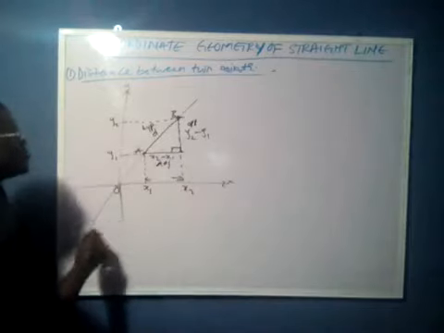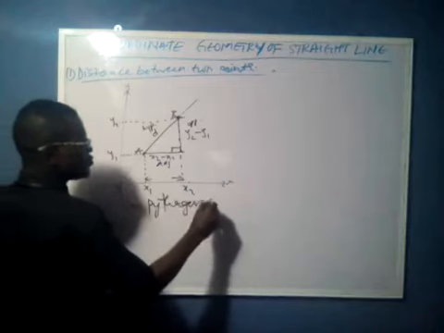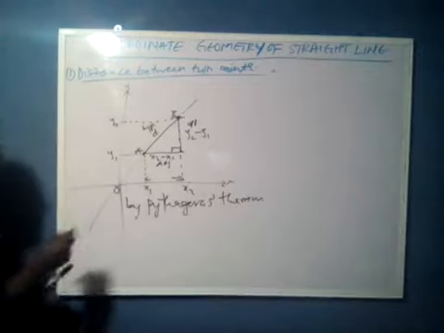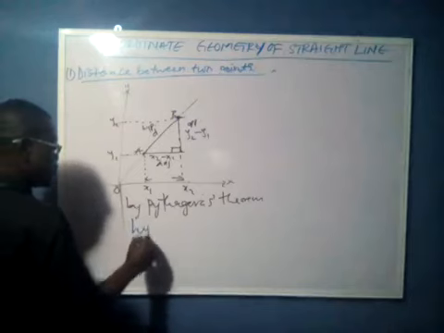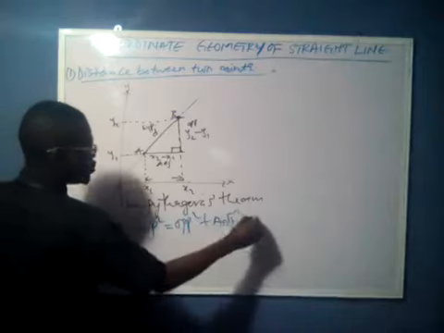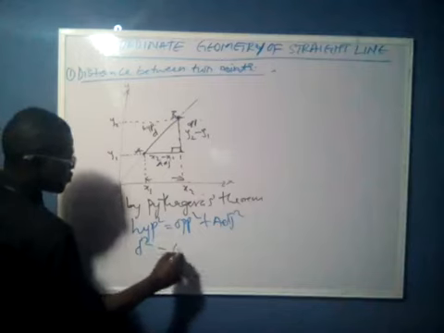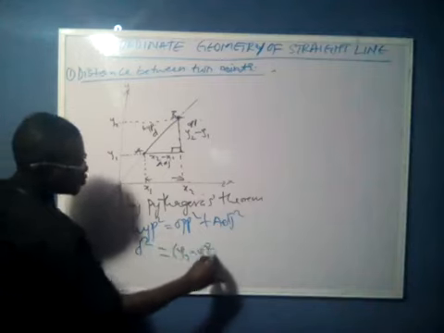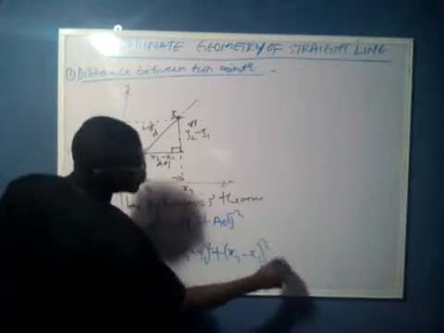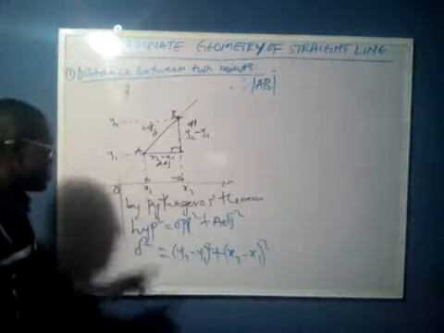So by Pythagoras theorem, we know that hypotenuse squared equals opposite squared plus adjacent squared. That means D squared equals (y2 minus y1) squared plus (x2 minus x1) squared.